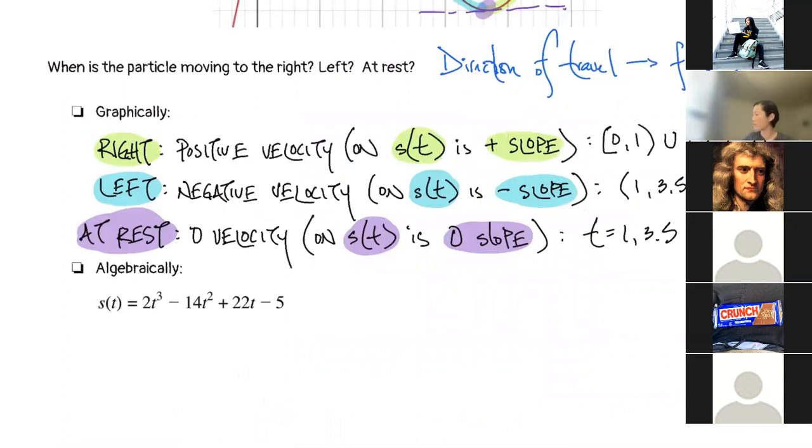All right, so here's our position function. How do we find, maybe let's just say, how do we find out where it's at rest if we just have the position function?